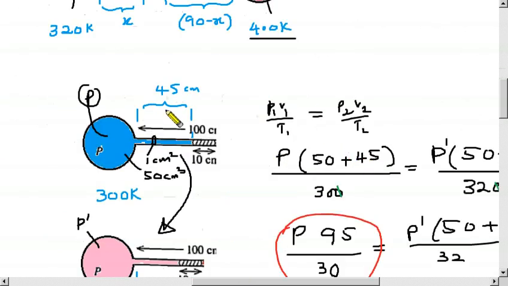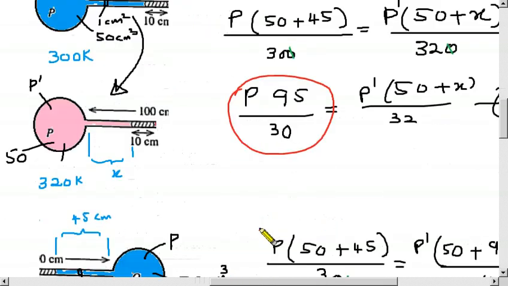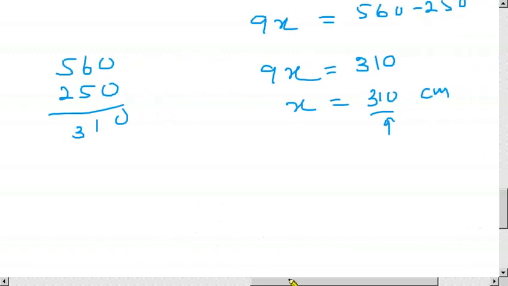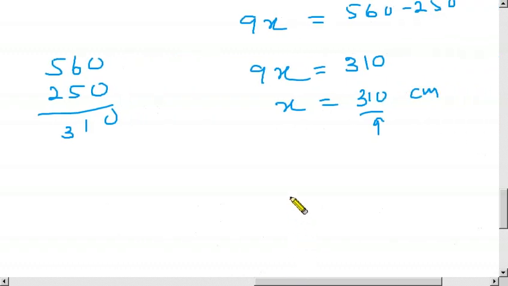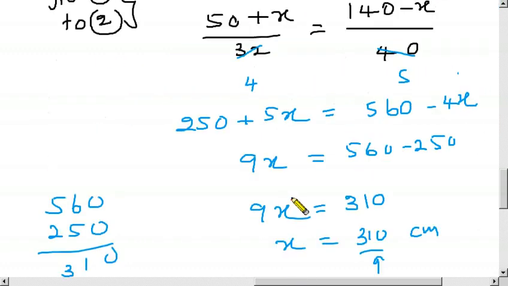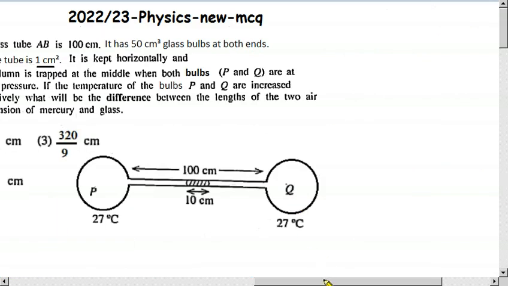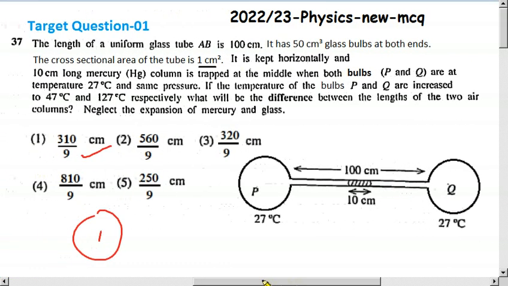Remember to convert this length to cubic centimeters by multiplying the cross-sectional area. So now I think your answer may be correct. So let us find out.